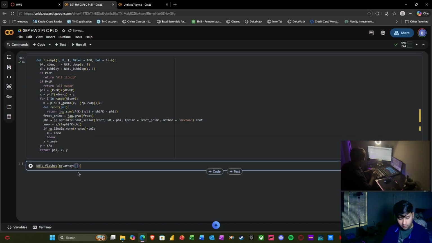So we're going to state that our composition is 25% isopropanol and then 75% water. And since we use pascals, we're going to have 1 times 10 to the 5th at 360 Kelvin.